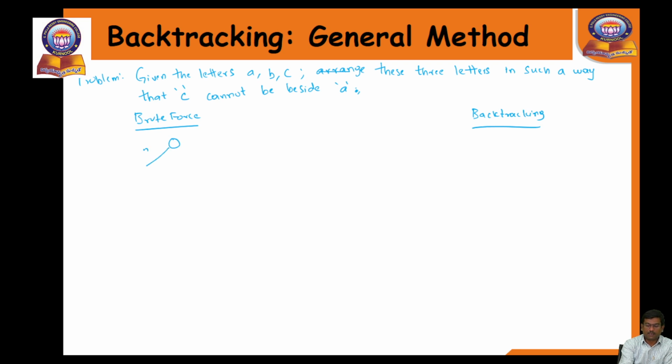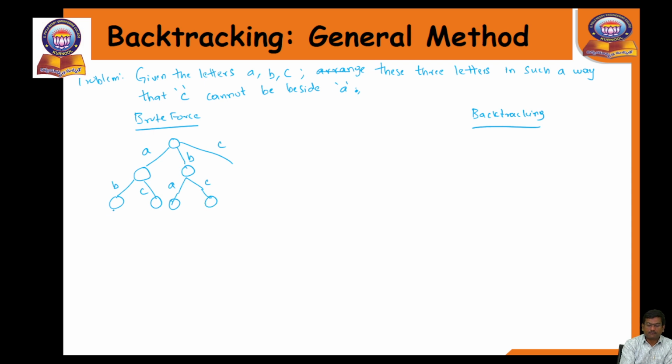Three letters can be arranged, so we take the first letter to be A. In the next scenario, I take the next letter to be B, and in the next scenario, I take the letter C. When I take A as the first letter, the next possible letters are B and similarly C. Similarly, when I take the first letter as B, I can take A as the next letter, or C as the next letter.